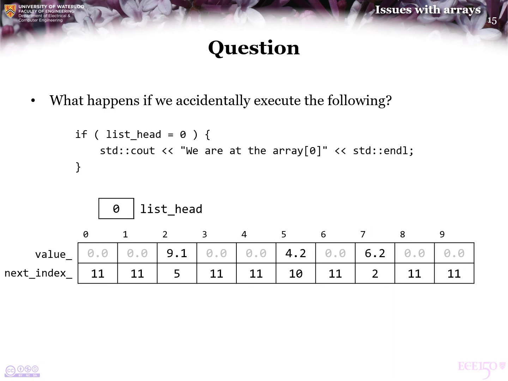We could walk through the array and set all of the next indices to 11, but what happens if there were 2 or 3 linked lists all simultaneously using the nodes in this array to store values? That's not going to work. All right, so it's even possible to have a memory leak with our simple design here.